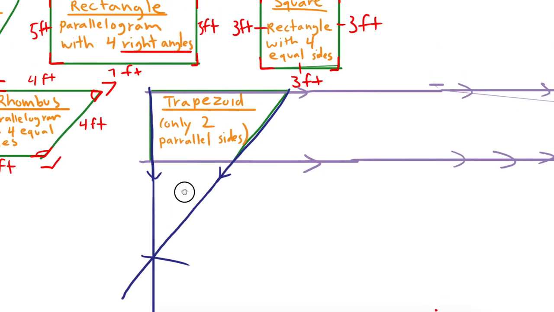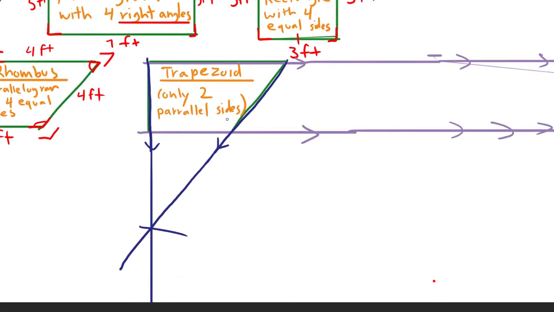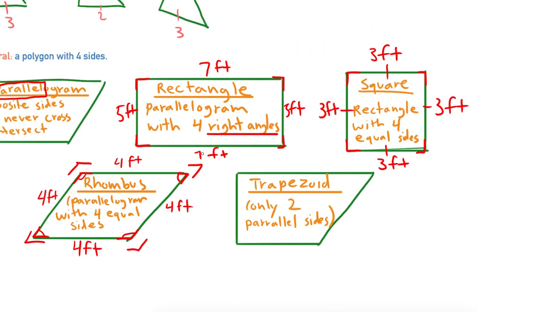So that's what makes a trapezoid. It has only two parallel sides. The top and the bottom are parallel, but the left and right sides are not, because eventually, if I extended these lines out, they would intersect at a certain point. All right, so that's a trapezoid.